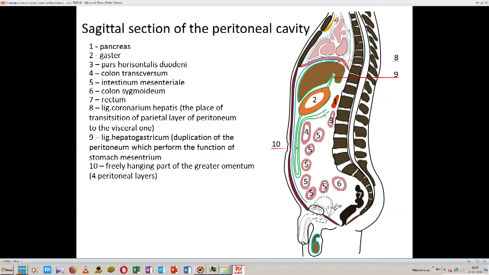The posterior two layers of omentum majus close to the posterior surface of the abdominal cavity again become a parietal sheet, parietal peritoneum, again the blue line. Why? Because it will cover the posterior wall of the peritoneum.